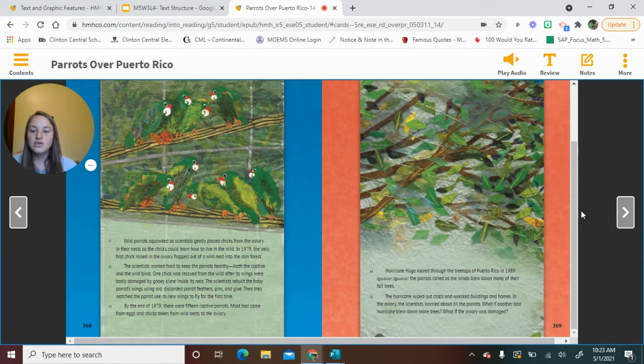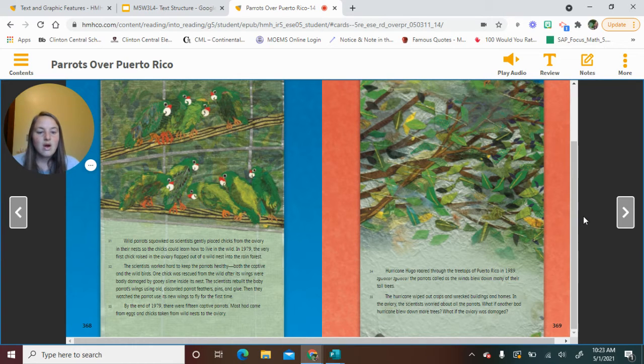One chick was rescued from the wild after its wings were badly damaged by gooey slime inside the nest. The scientists rebuilt the baby parrot's wings using old discarded parrot feathers, pins, and glue. Then they watched the parrot use its new wings to fly for the first time. By the end of 1979, there were 15 captive parrots. Most had come from eggs and chicks taken from wild nests to the aviary.